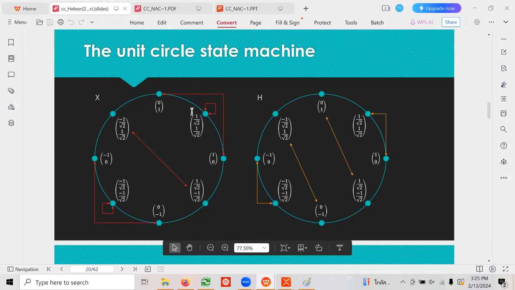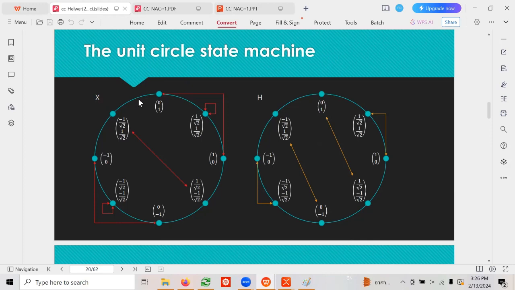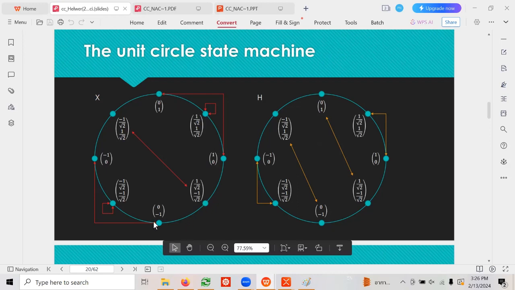Because when you take the squares, the sum is equal to 1. Take any point on this. Take the first value squared, add the second value squared, what do you get? 1. This is a unit circle. So the superposition in a quantum bit basically says, hey, from 2 points, 2 values, you have infinitely many values on a unit circle.